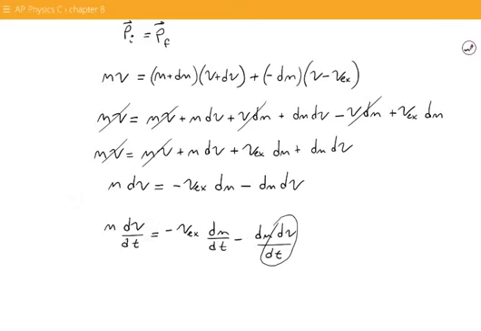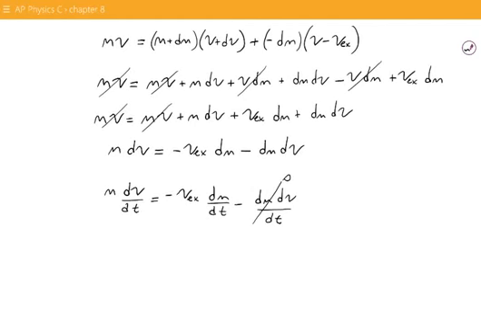Or dv dt, same thing, idea behind a limit. But no matter how we break this up, one of these two terms is left by itself, and the limit as delta t approaches 0 would cause dm, or in the other case, dv, to approach 0.